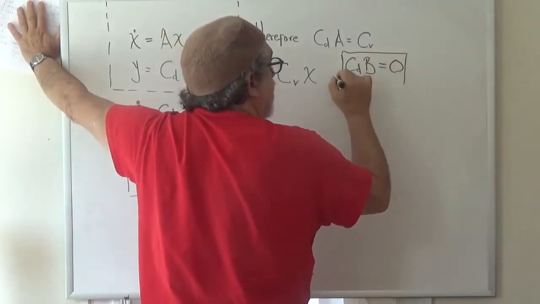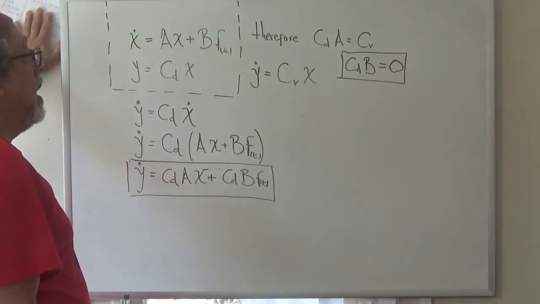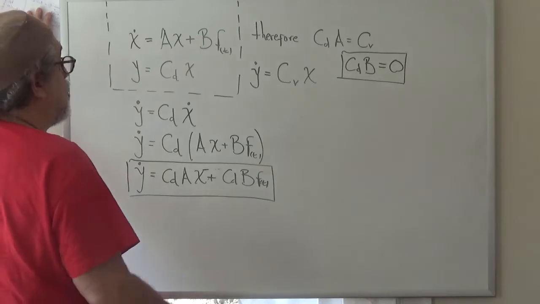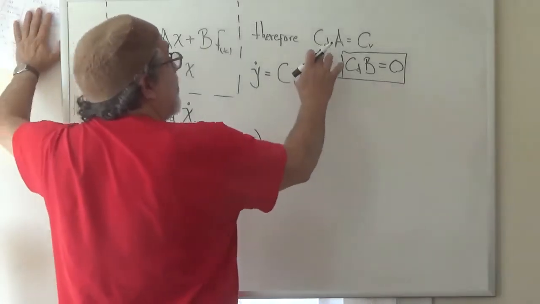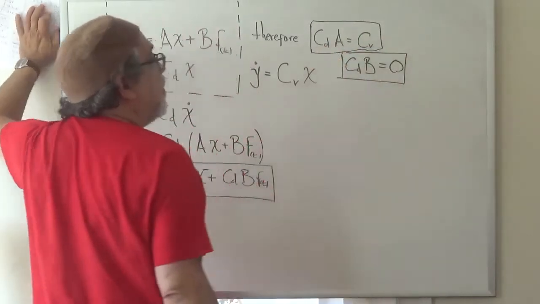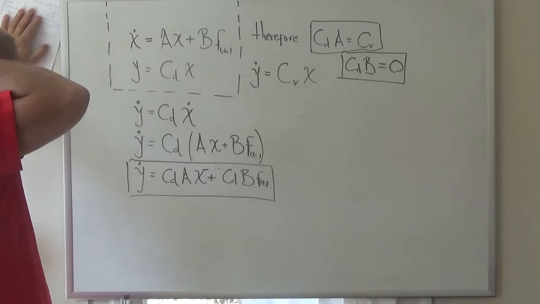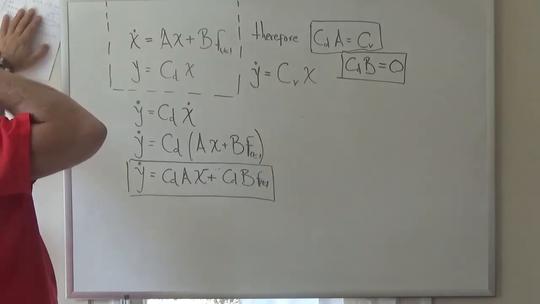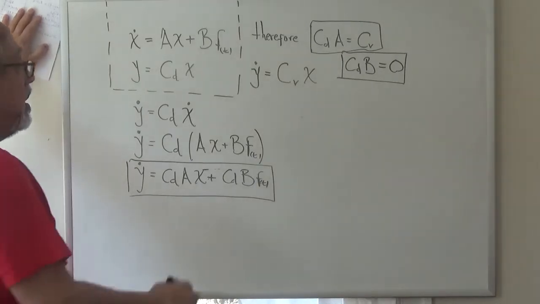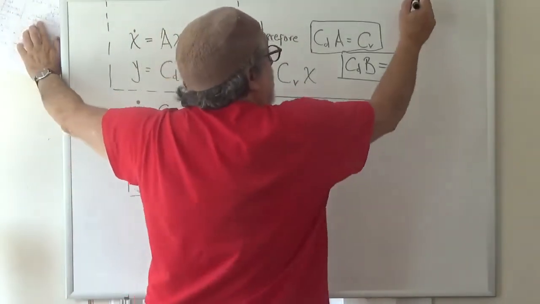Because this is a constraint. CD times B must be 0, where CD is the displacement measurement, right? And we also see that if we measure velocities or if we measure displacements, the matrices are not independent. They would be related by the A matrix, right?